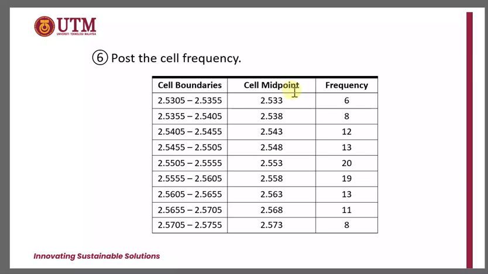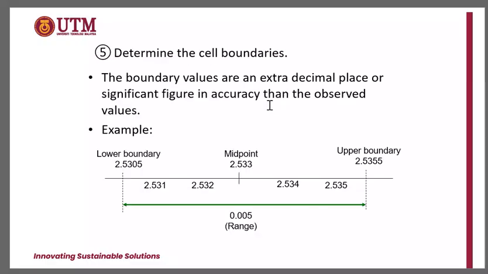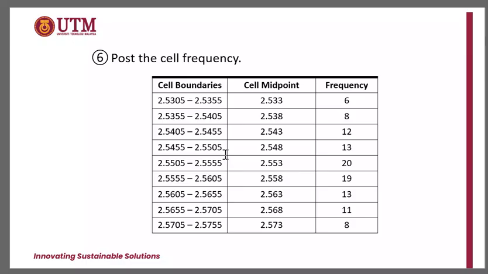And the midpoint, how can we compute it? This lower boundary plus this upper boundary divided by 2 equals the midpoint. It's the same midpoint that we have in this diagram here. Now how can we compute the other classes? For the other classes, we have lower boundary and upper boundary, and we have I equal to 0.005.